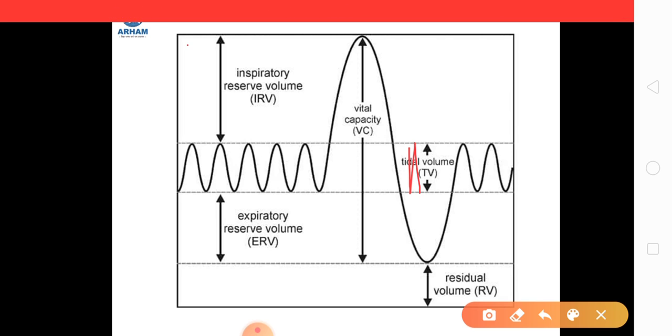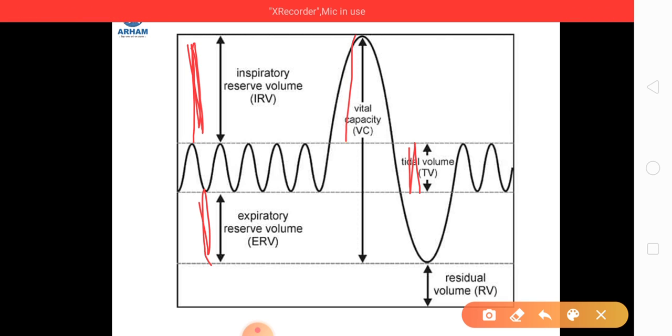Then there is inspiratory reserve volume, that means after inhaling the tidal volume, this is the amount of air which still can be inhaled forcefully. Then there is expiratory reserve volume, that means after exhaling the 500 ml, we can exhale more air, on average 1100 ml, forcefully. That is the expiratory reserve volume.